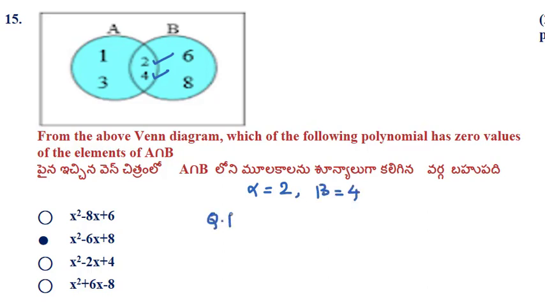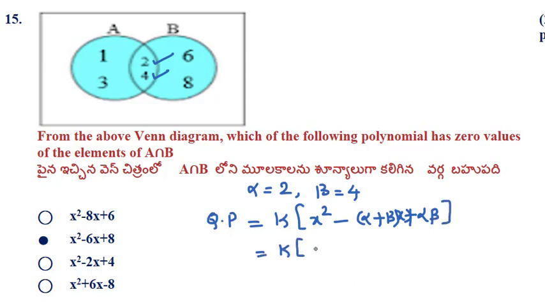The formula for the quadratic polynomial is k into x square minus alpha plus beta into x plus alpha beta. So k into x square minus alpha plus beta means 2 plus 4, that equals 6x, plus alpha beta, 4 into 2, that means 8. So if k equals 1, the answer is x square minus 6x plus 8.